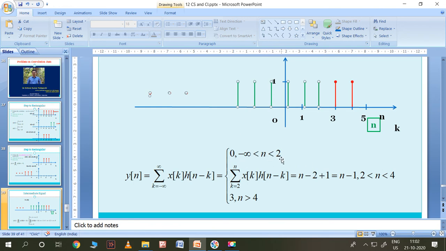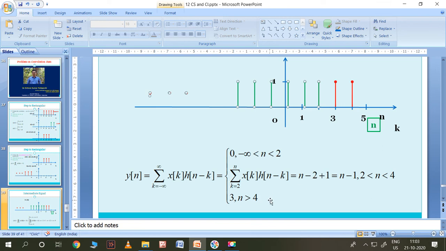At n equal to 2, definitely it will be this part. I can substitute in this way. So it should be k equal to 2 to n, and I need to do the summation.